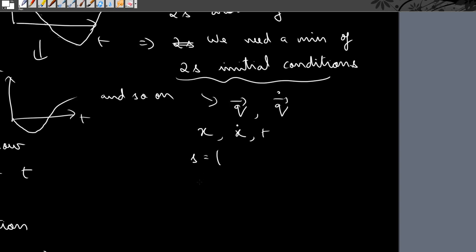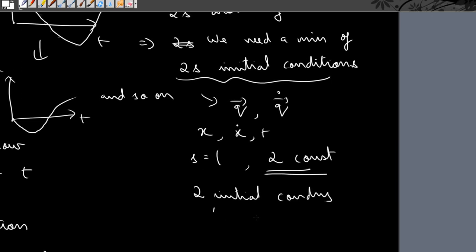So when we solve the Euler-Lagrange equations, we will get two constants in the solutions, and to find these two constants we need two initial conditions, and these two initial conditions can be the initial position and the initial velocity, which is nothing but xi dot.